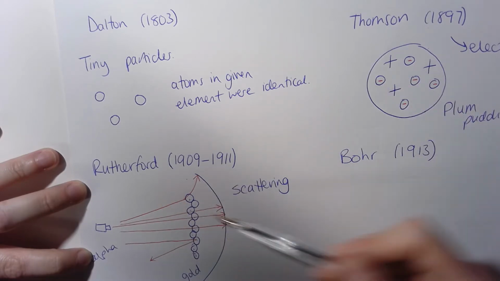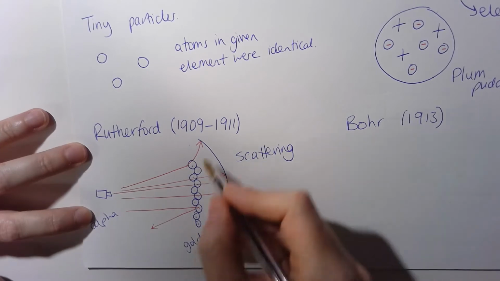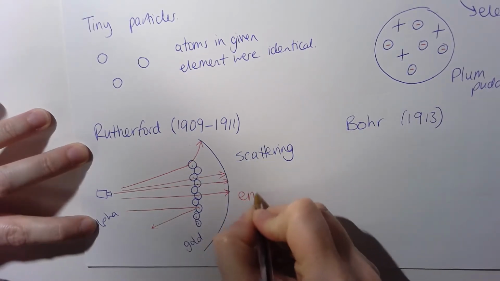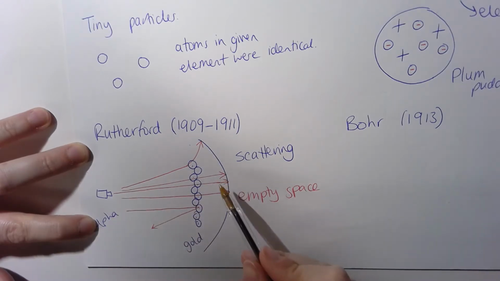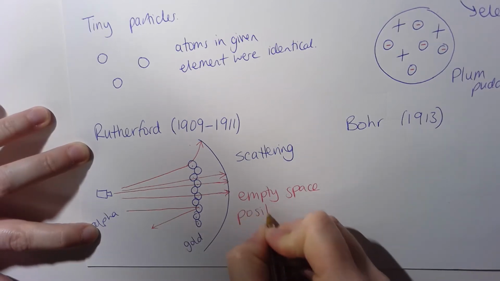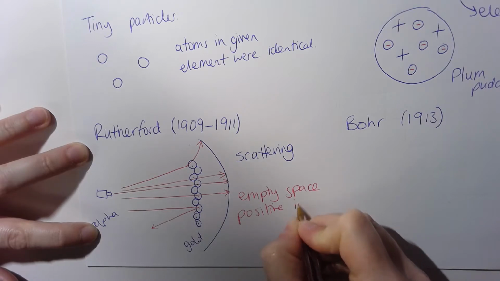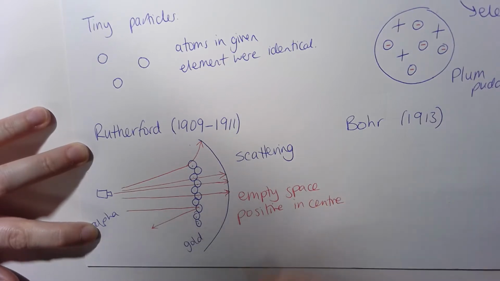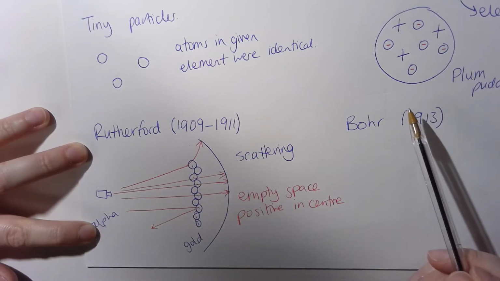So the work of Rutherford with Geiger and Marsden totally changed the way we view the atom. His thinking now was that atoms are mainly empty space, because the majority of those alpha particles did go through. The ones that deflected, he said, meant the centre must be positive, because if they're able to deflect them, it must be a similar sort of charge.